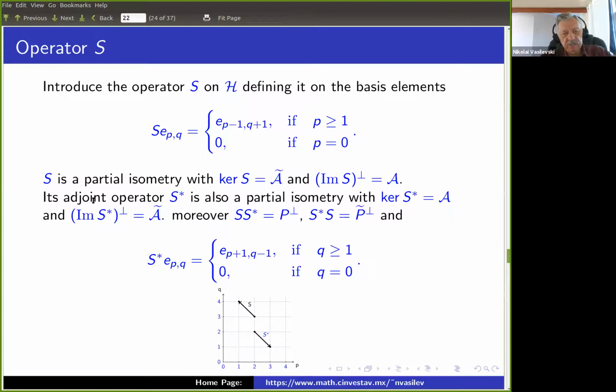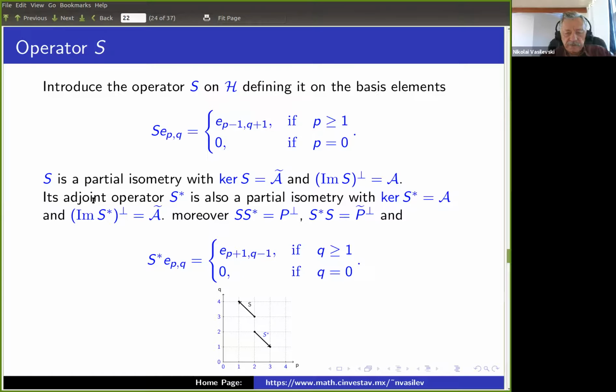Its kernel is the space of all anti-analytic functions, and the orthogonal complement to the image is the space of all analytic functions. Its adjoint operator is again a partial isometry, whose kernel is the space of analytic functions, and the orthogonal complement of the image is the space of all anti-analytic functions. Moreover, these products are orthogonal projections onto the corresponding spaces.